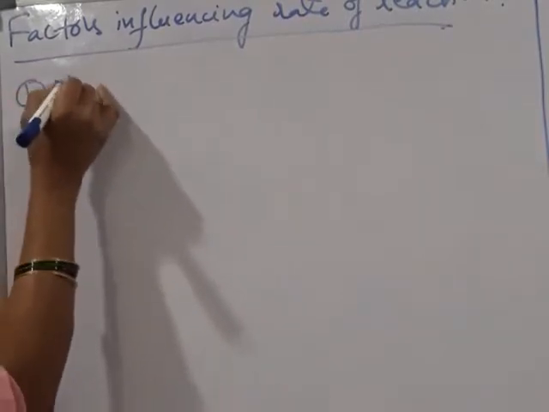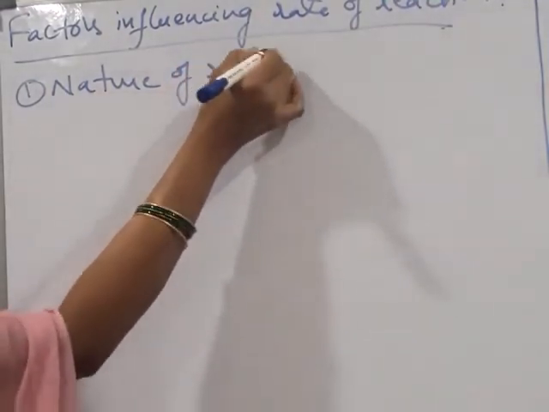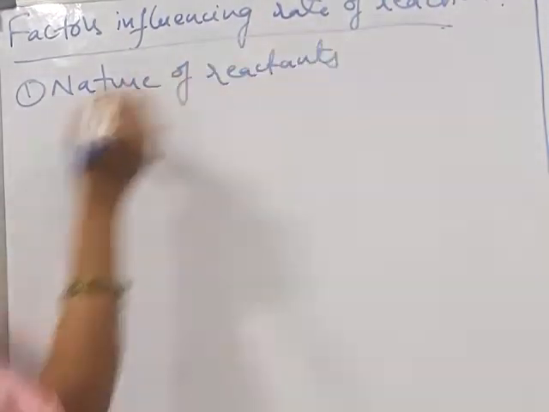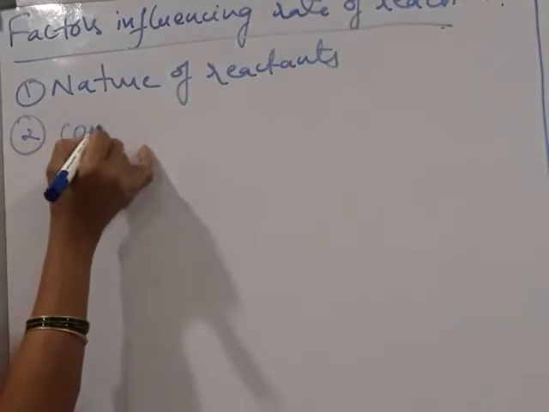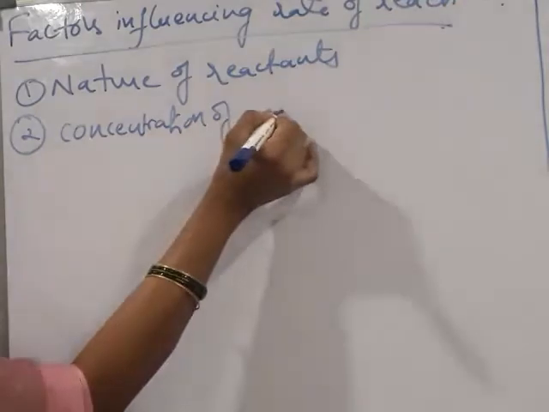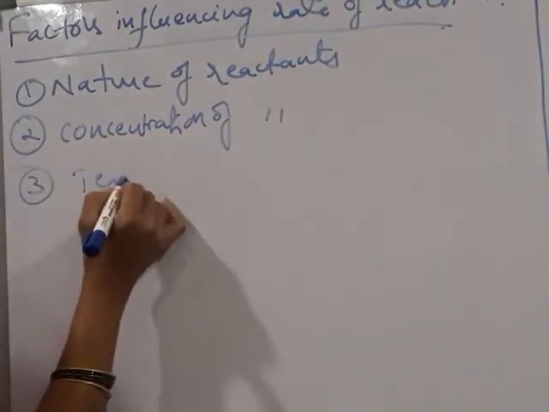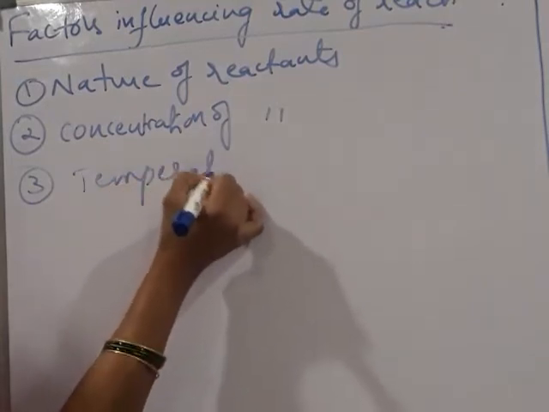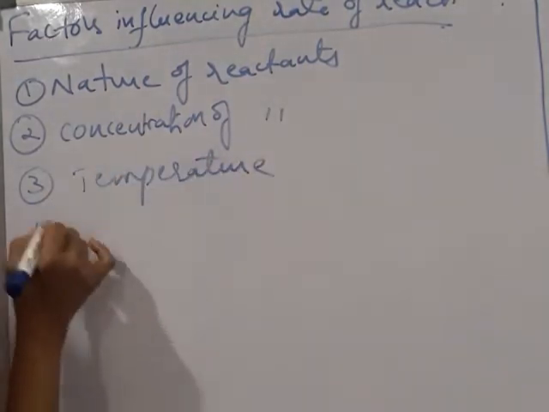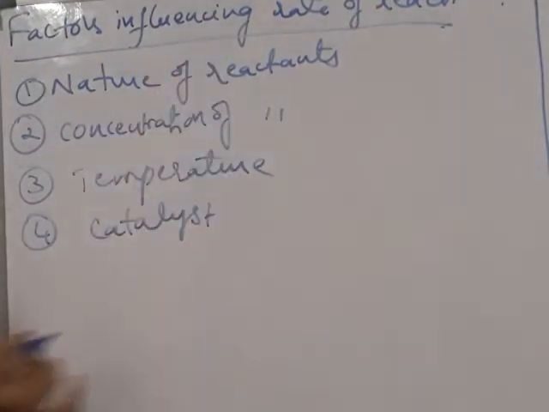One is nature of reactants, concentration of reactants, temperature, and catalyst. So these are the main factors which influence the rate of reaction.